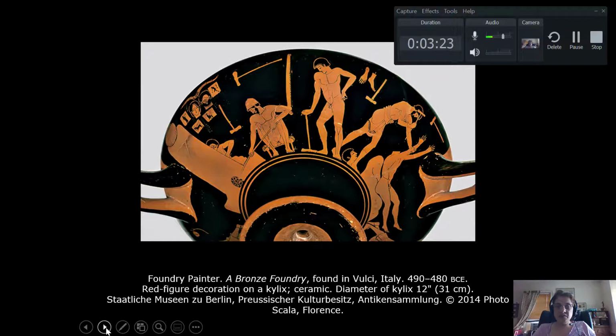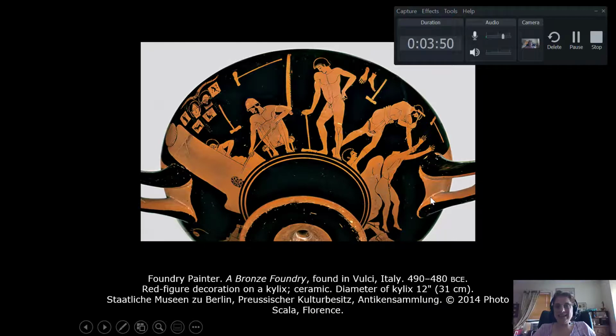And we have this very important container called a kylix that we're looking at, and it's an important container because it's telling us something that the Greeks invented. We're actually looking at the bottom of the container. If it were to sit on the table, here's the base that it would sit on, and if we flipped it over, we would have a big opening on the top that we cannot see.